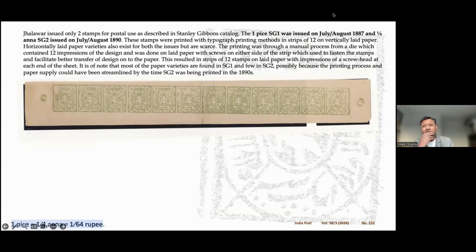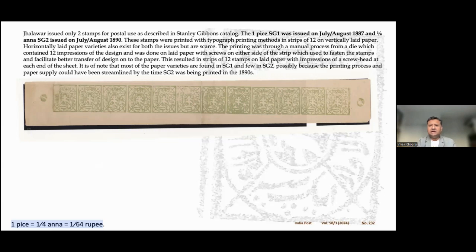But then slowly I realized that it's a very interesting state, despite the two stamps, because it has a lot of things to do research on, and it has been a pretty neglected state for a while. There have been a lot of publications within the India Study Circle, of which I'm a part, who have been researching Jhalawar, but there's still a lot to learn from this state, right?